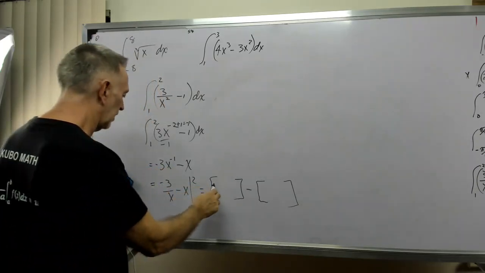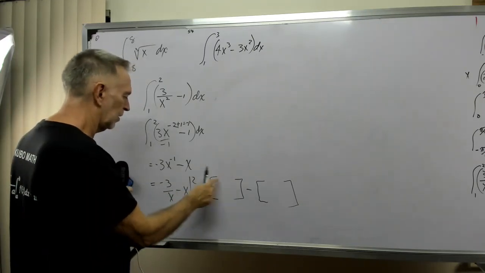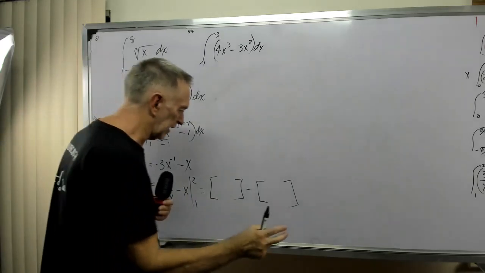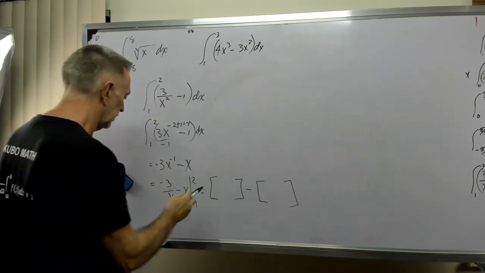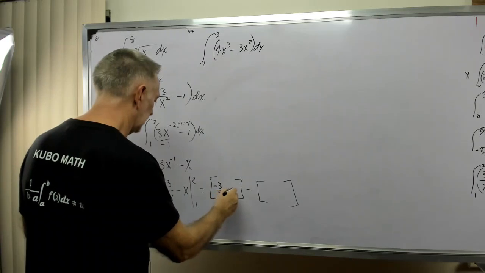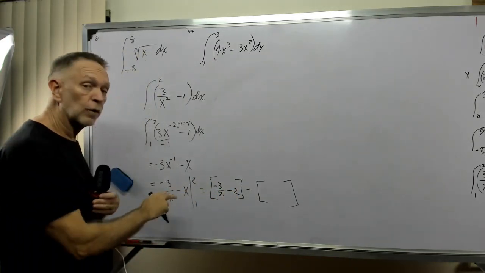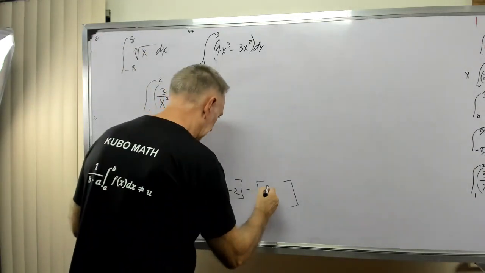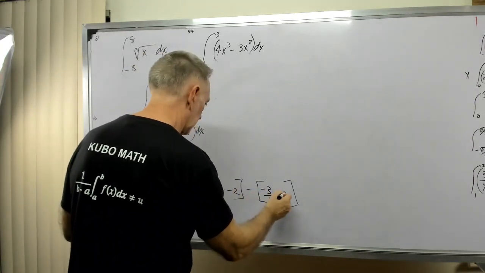You want negative 3 over x minus x with b substituted, and then negative 3 over x minus x in the second box, substituting 1 in for x. So you end up with negative 3 over 2 minus 2, plugging b in for those two x terms, minus now negative 3 over 1 minus 1.